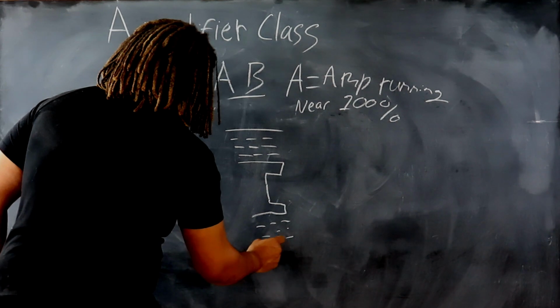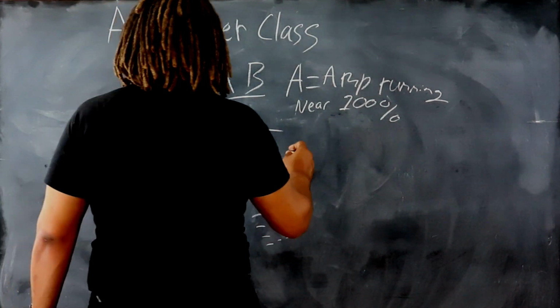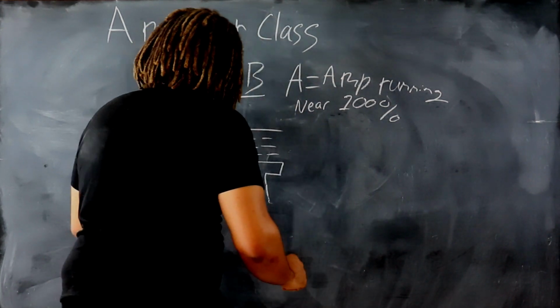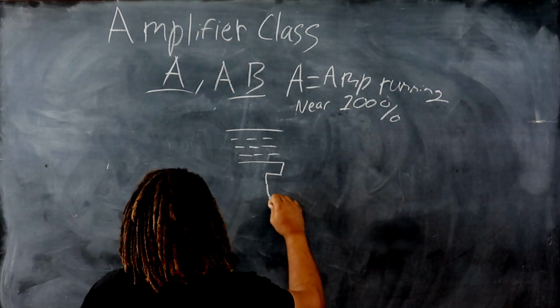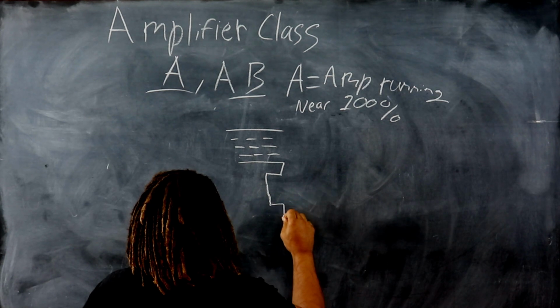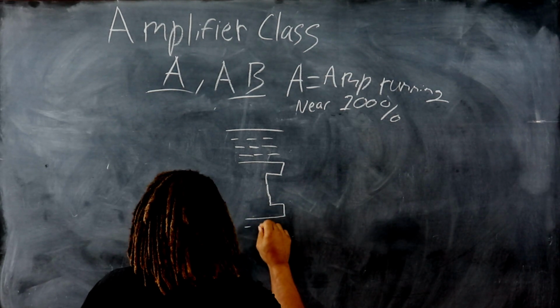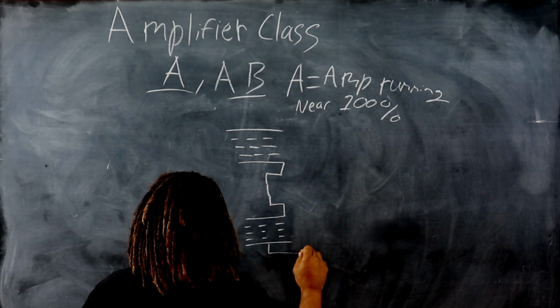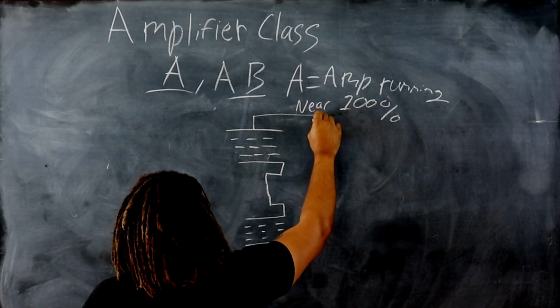And these two pentodes are going to be tied to an output transformer. Let me get down here, this will be easier. This pentode will be tied to an output transformer.